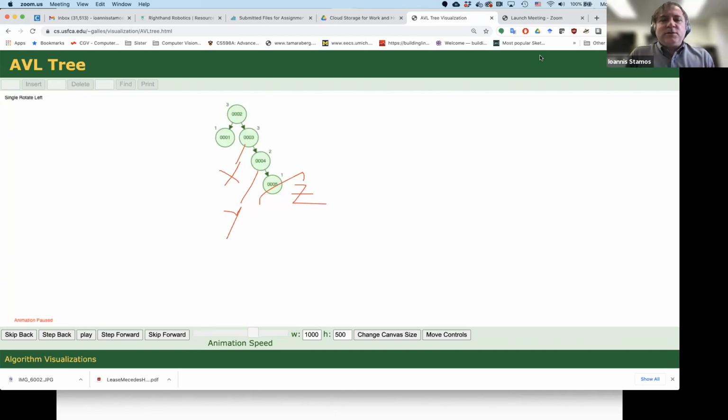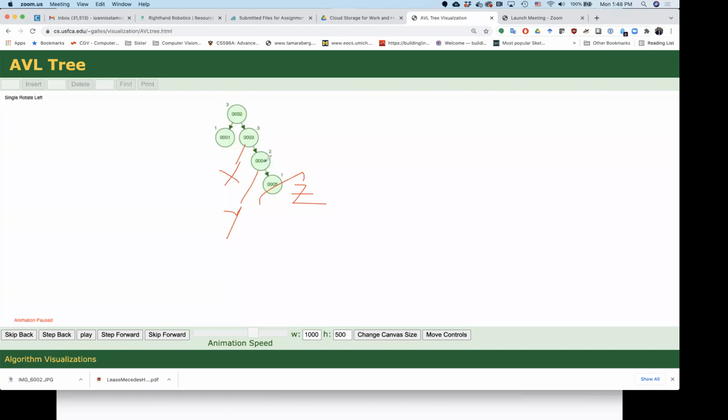Okay, we do a single rotation whenever we have a violation and the violation is due to an insertion to the right of the right. As we insert 5, we insert to the right of the right.